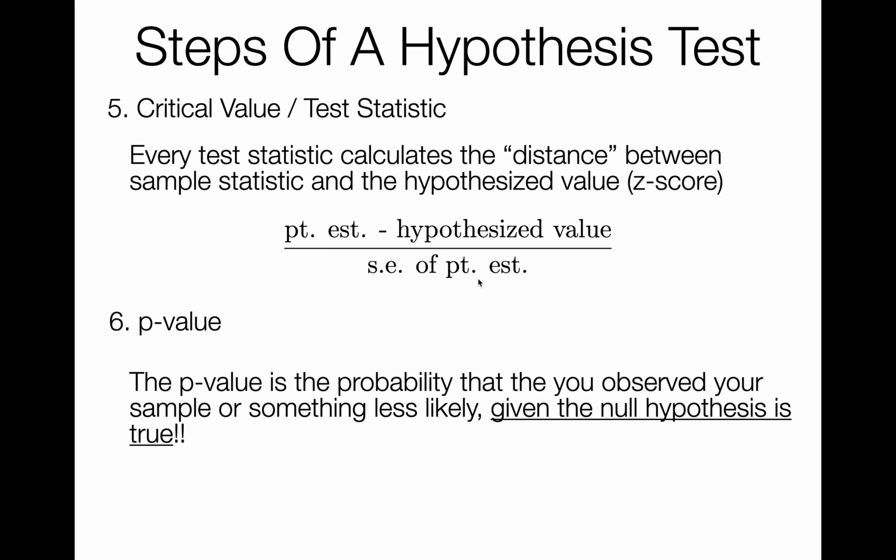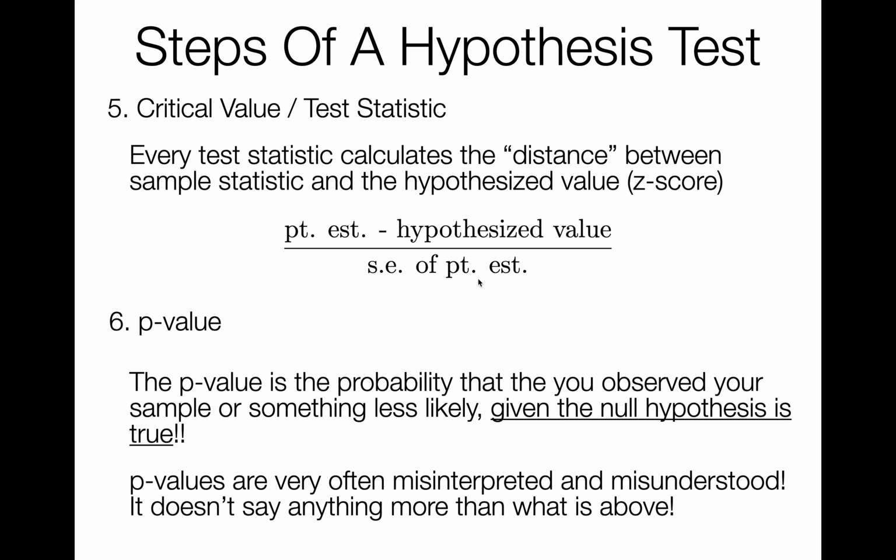The p-value is the probability that I observed your sample, or something less likely, given that the null hypothesis is true. It's the probability that I observed what I saw, or something more weird, given that the null hypothesis is true. P-values are often misrepresented and misunderstood.